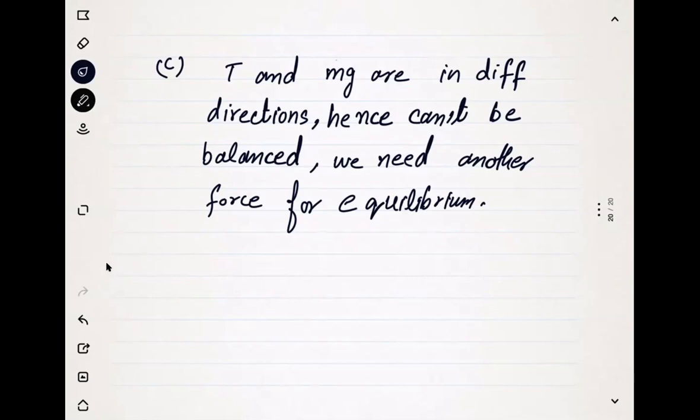That's why a third force is needed, and this third force will pass through the point of contact. So this was the class for equilibrium mainly.